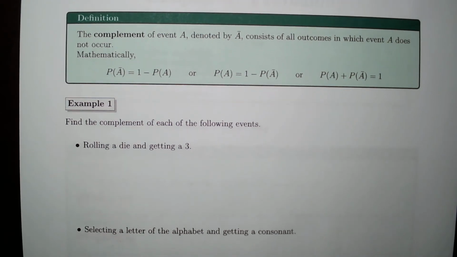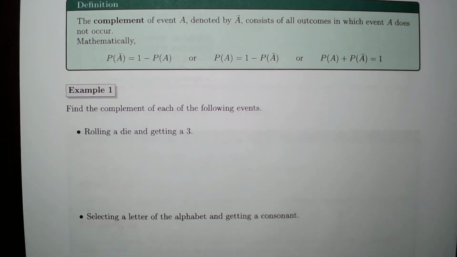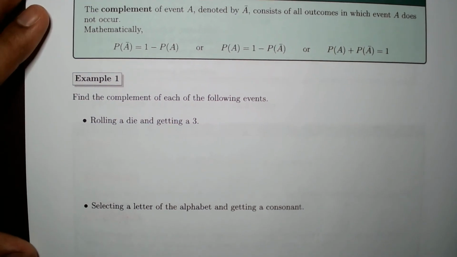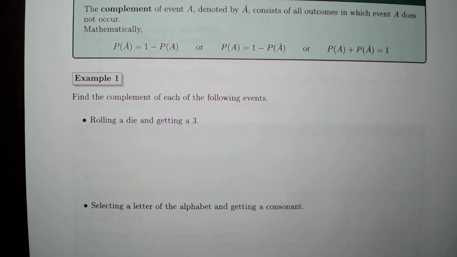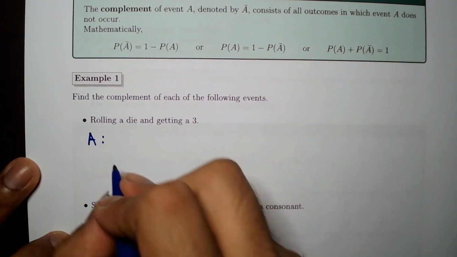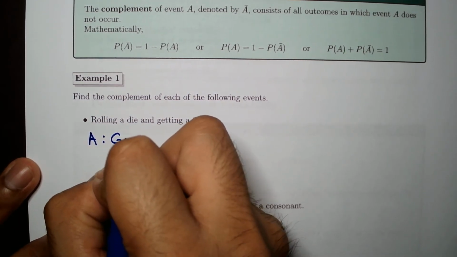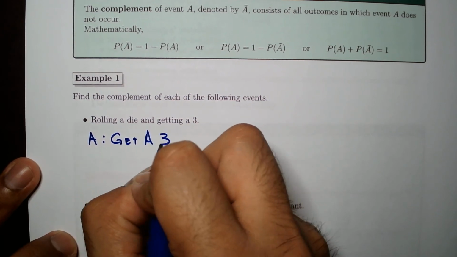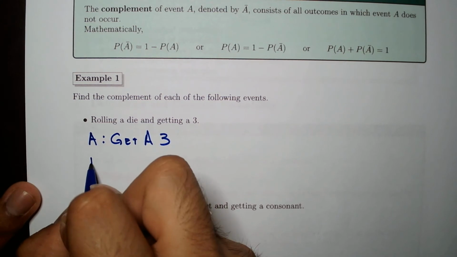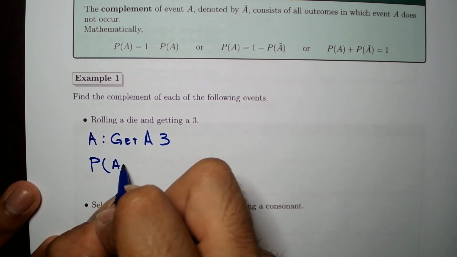Find the complement of each of the following events. Rolling a die and getting a 3. The event A is to get a 3.